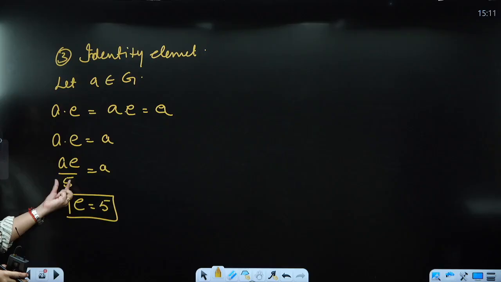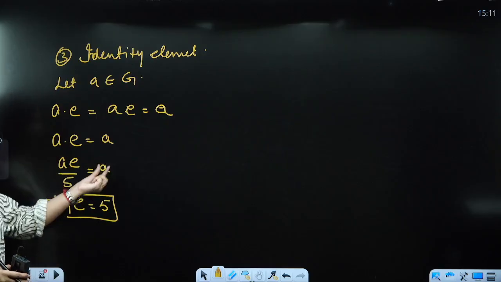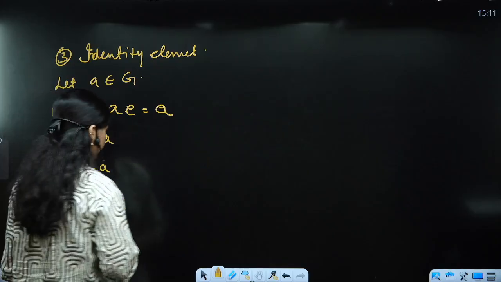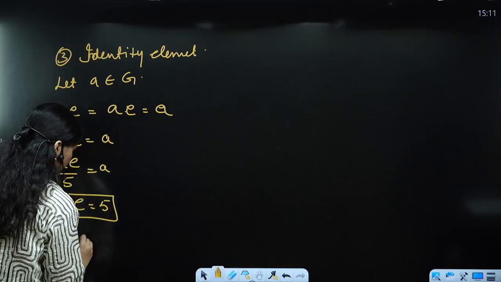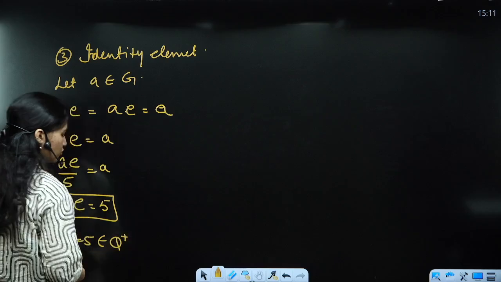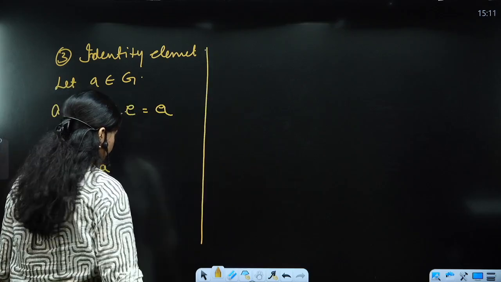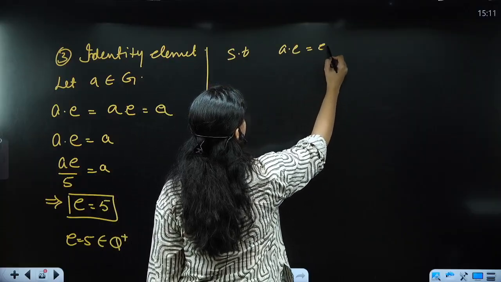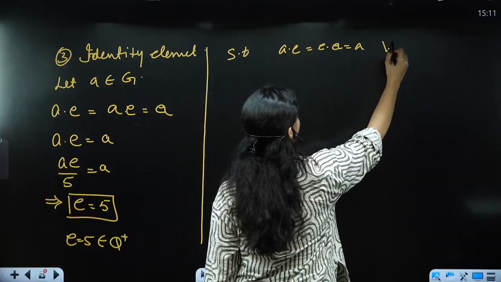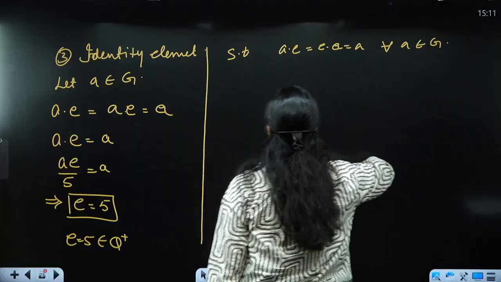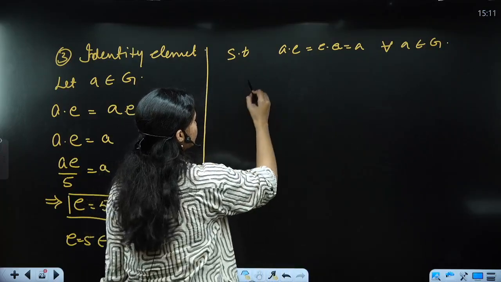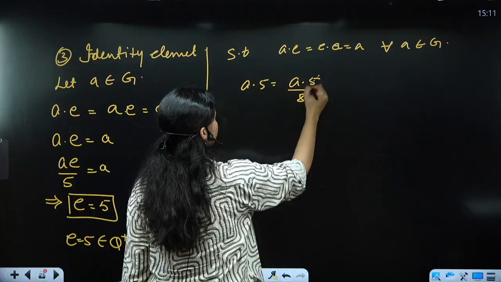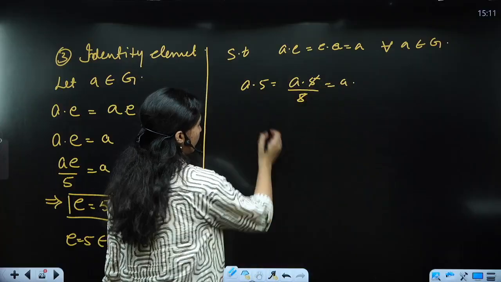See, 5 is going to go in the numerator, and a is going to get cancelled. So the identity element is nothing but the value 5. So e equals 5 belongs to the set that we are talking about here, such that a ∘ e equals e ∘ a equals a for all a belonging to G. You can check it and see as well. So if you do a ∘ 5, what you are going to get? a times 5 upon 5, which is nothing but a, right?